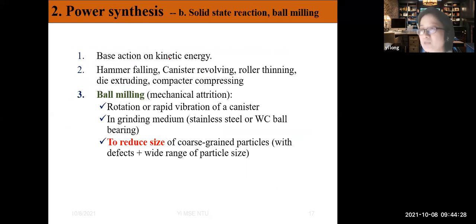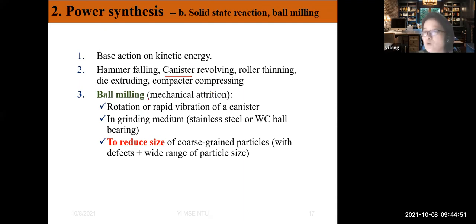This powder synthesis by ball milling is based on kinetics. You put the powder inside the jar with a grinding media, then either rolling, hammer falling or canister revolving gives them mechanical kinetic energy to crush and mill it down.